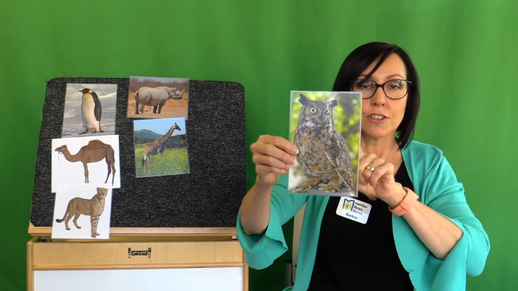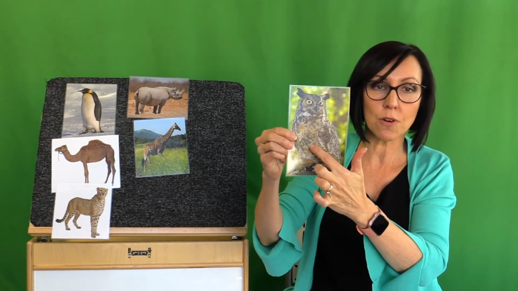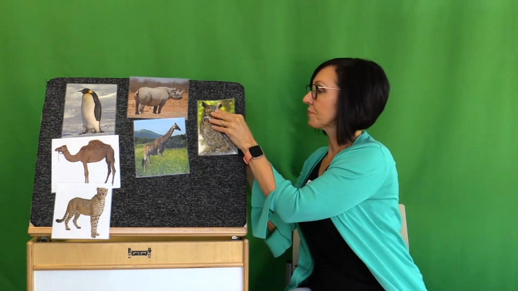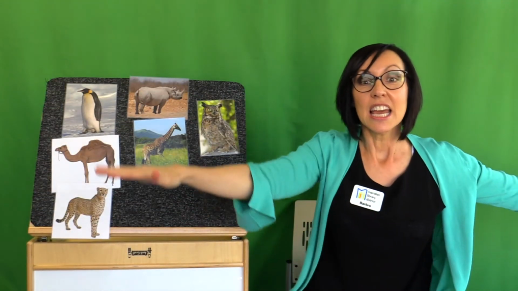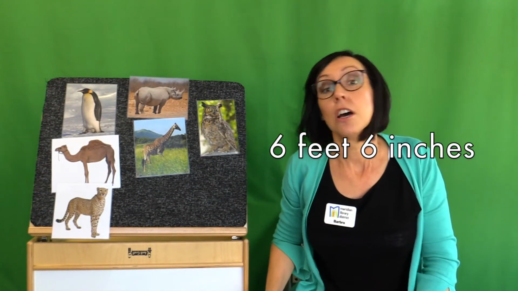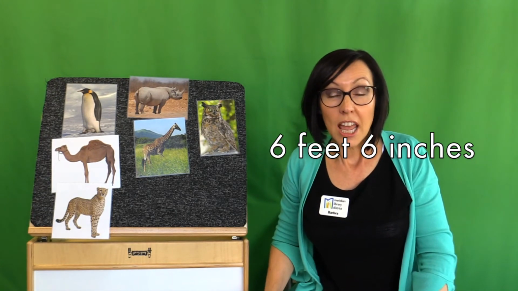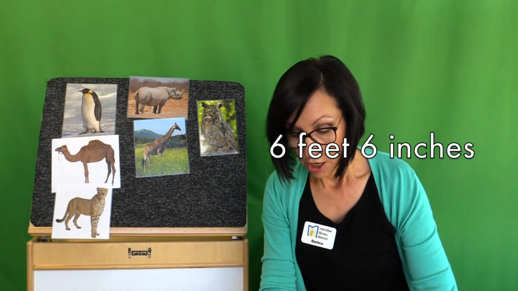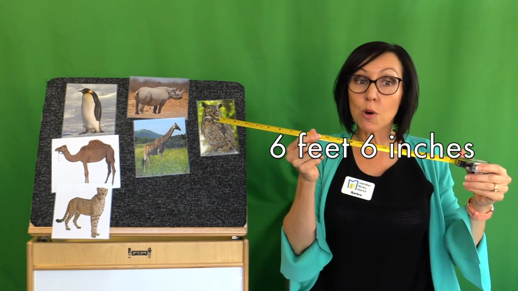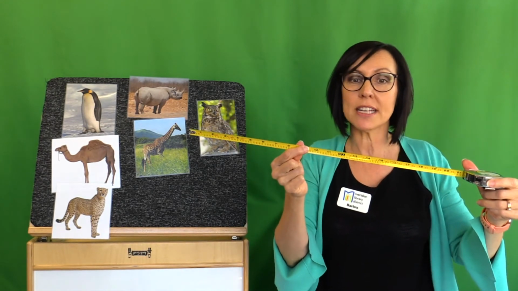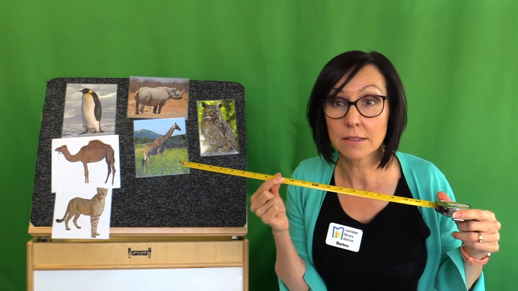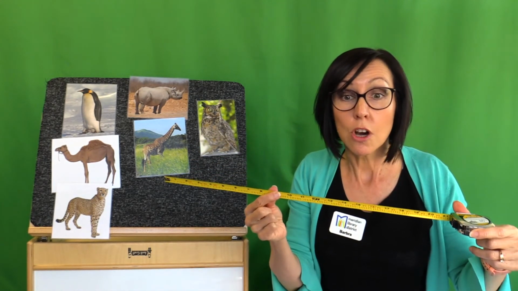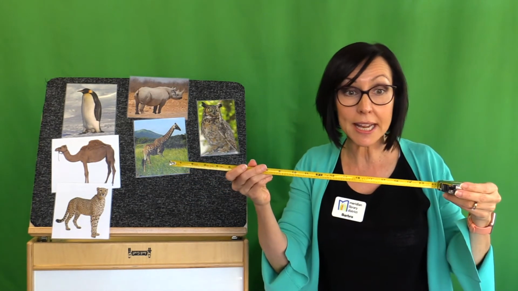All right. So the great horned owl's wingspan, like this, as they're soaring through the sky, is 6 feet, 6 inches. It can be that long. So again, you can go around and measure and find out what is 6 feet, 6 inches long. Maybe your bed, or the couch, or your kitchen table where Arthur's sitting.